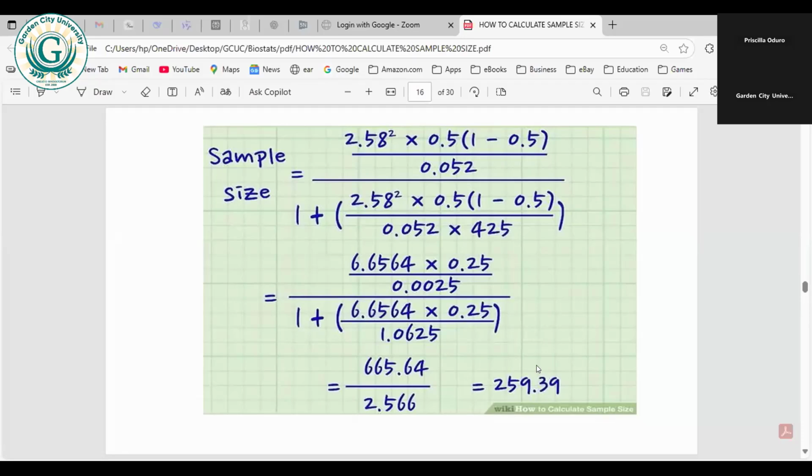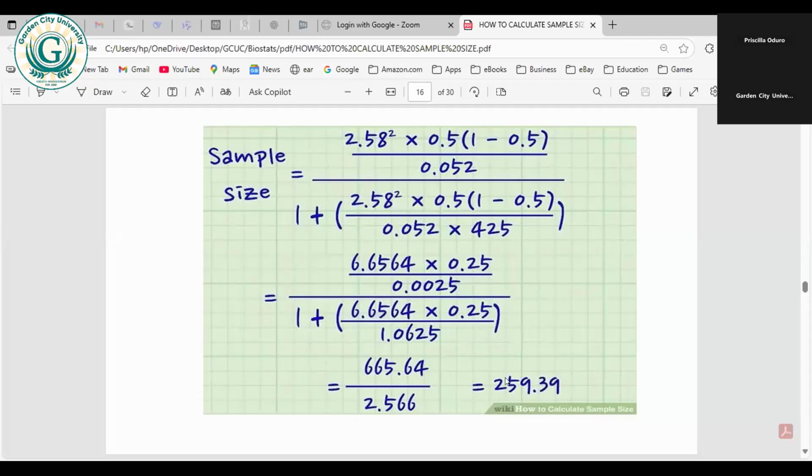Good. But if I am doing this research and it's human beings, I will use 260. It doesn't mean that you cannot use 259. You can use it, but I'm assuming that these are human beings. You don't have any human being who is 3.39.